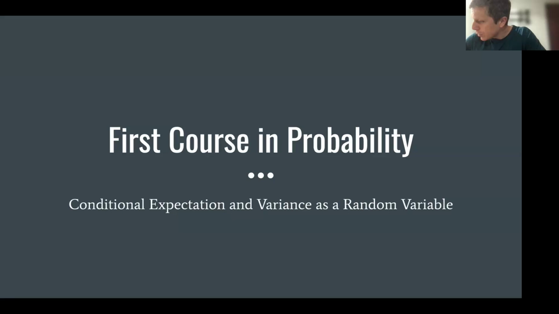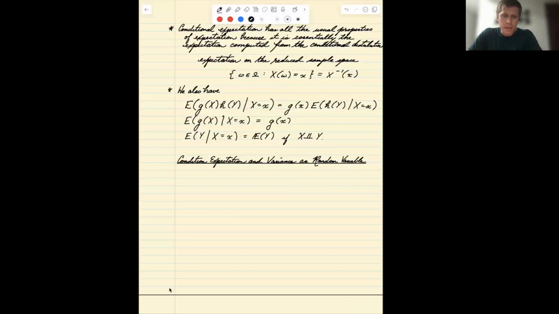That's one way to do it when we're fixing a specific value of the conditioning random variable, but another interesting thing that arises is that we can actually treat conditional expectation and variance themselves as random variables, because we can treat them as functions of a random variable. So let's see what we mean by that.